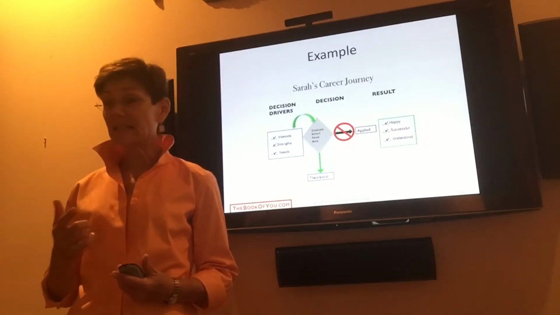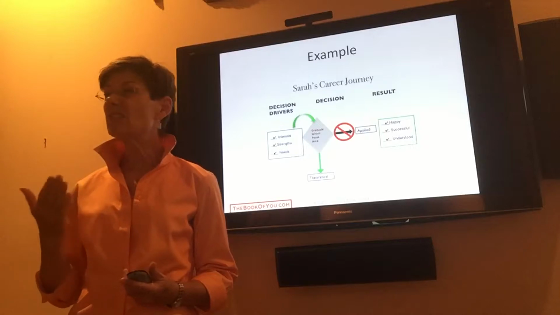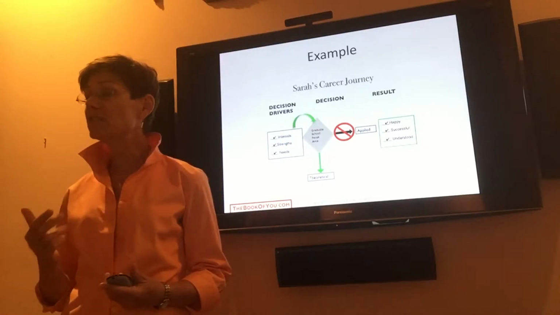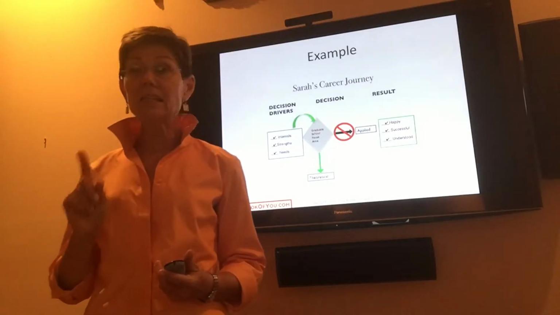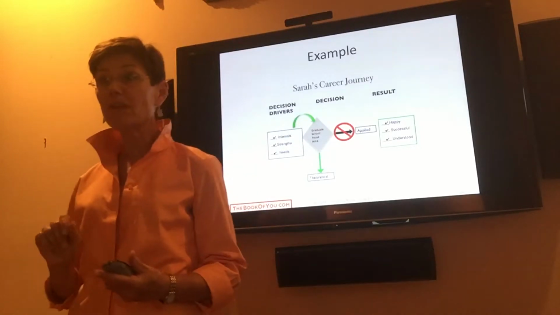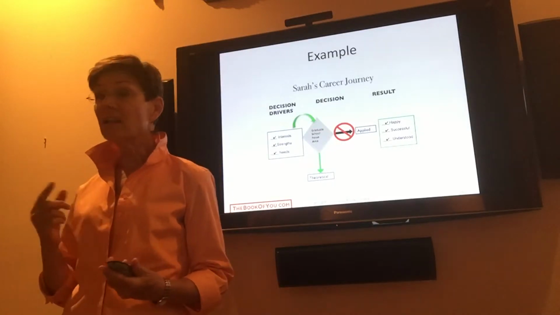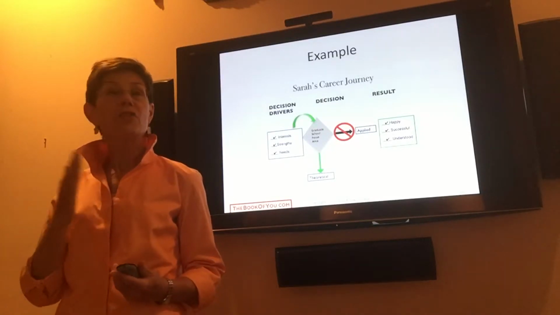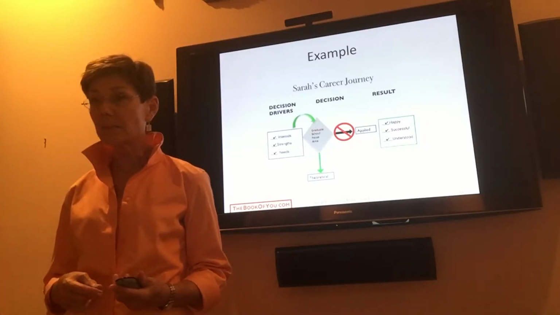Now, I made that decision based on, in retrospect, some understanding of my interests, my strengths, and my needs. I knew that I really liked to deal with conceptual stuff. I knew that I really liked to ask why a lot, and that played more to the theoretical bent than it did to the applied bent.